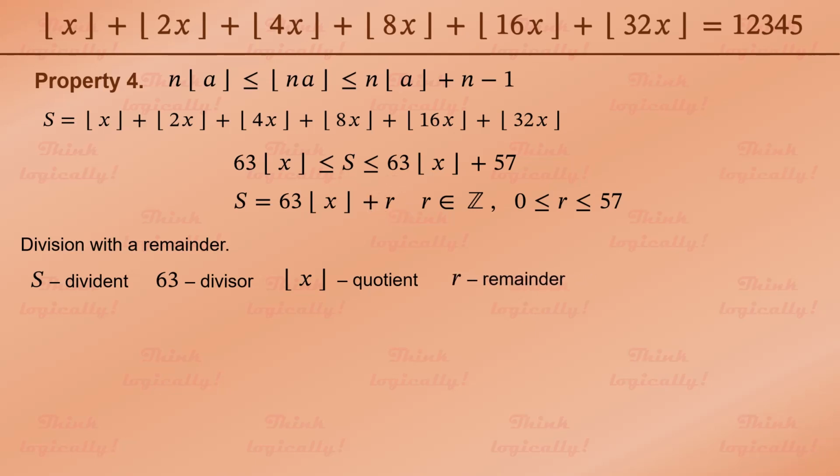There could be also attempts to change the meaning of the division with the remainder, but for me the remainder is always non-negative and strictly less than the divisor. In our case, that would mean that r is non-negative and doesn't exceed 62. However, the actual range for r is shorter. Try to continue from here.